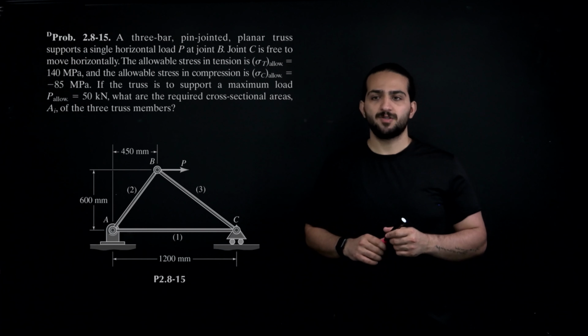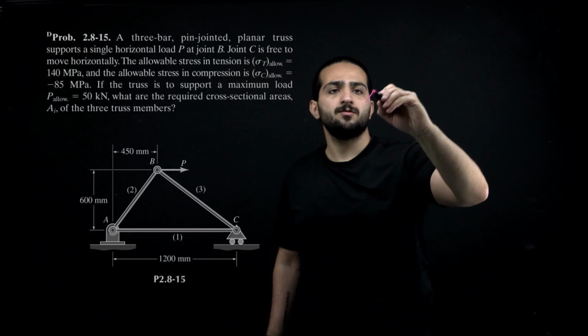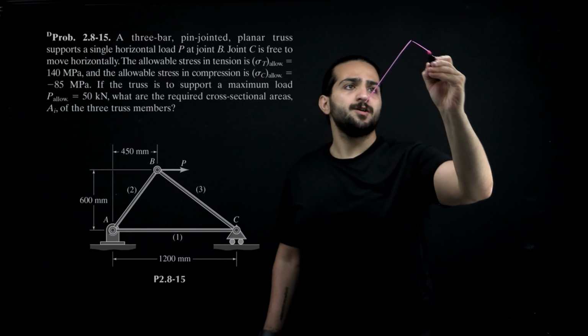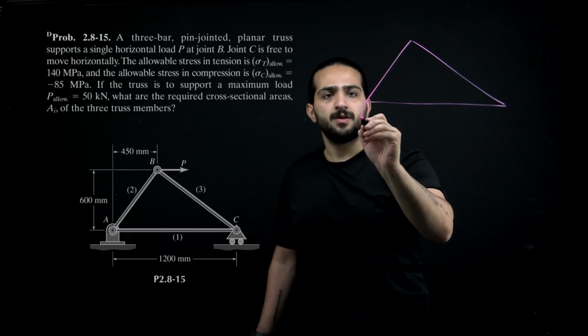And now the question wants us to determine the cross-sectional areas of each member. I'm going to start by drawing this truss again. So we have a member here, another member here, and this is a third member.